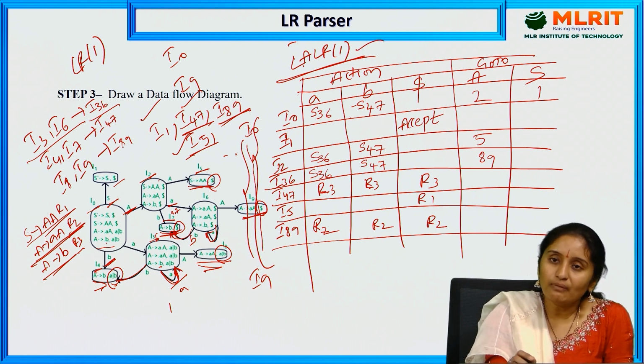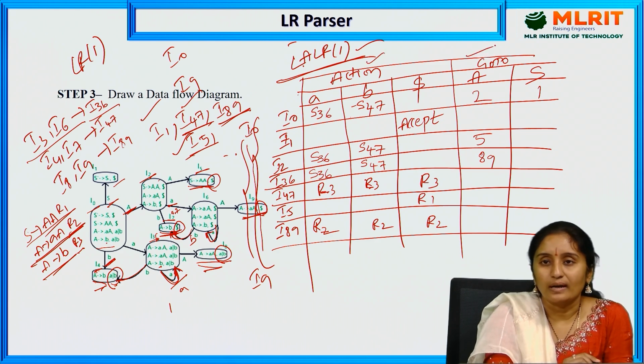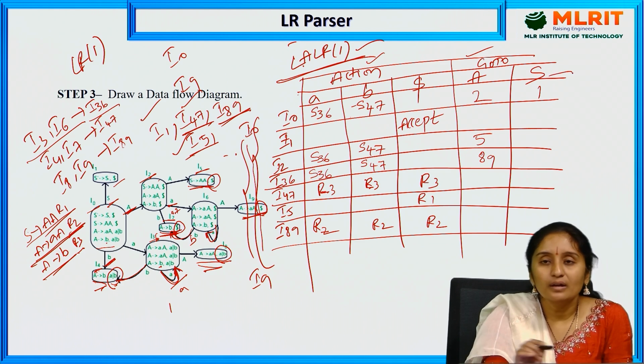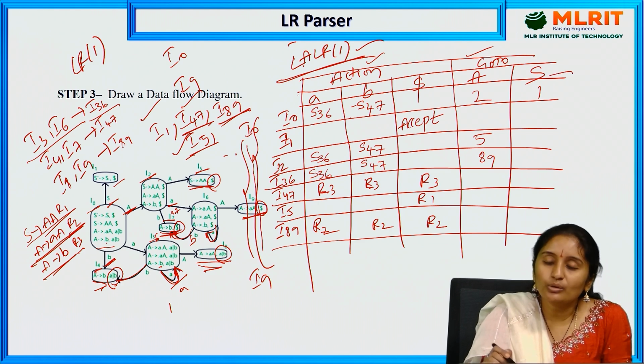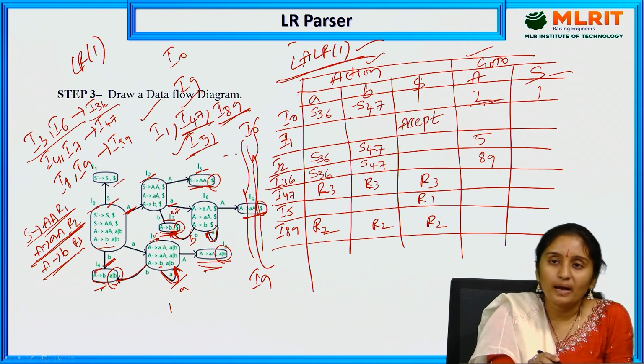In the table, we have two parts: the action part and the go-to part. In the action part we place the terminals, and in the go-to function we have the non-terminals. In the go-to function we just write the state numbers. In the action part there are 4 types of actions, but here we use 3: shift, reduce and accept.